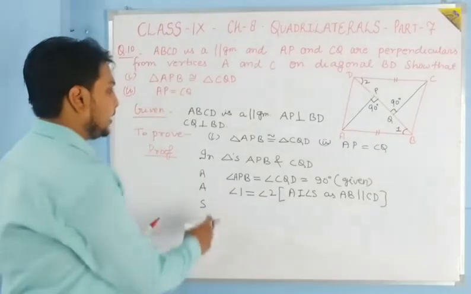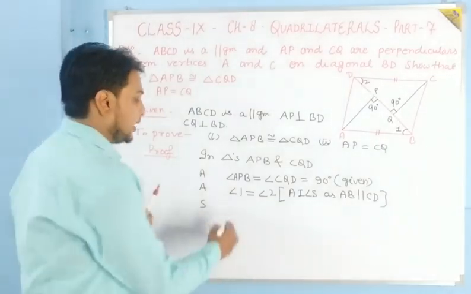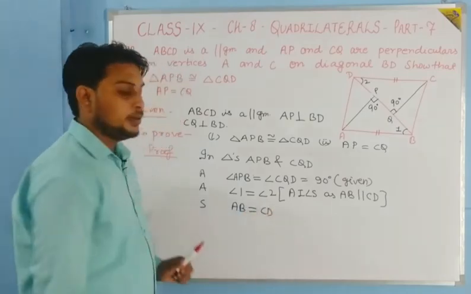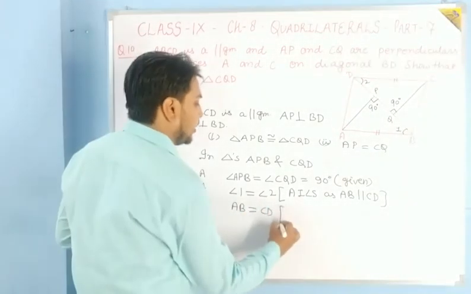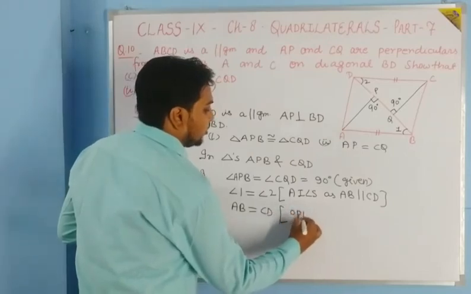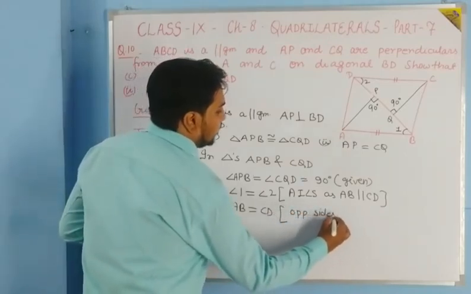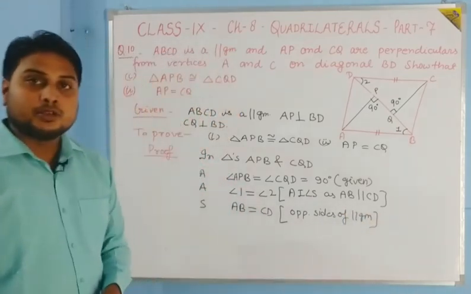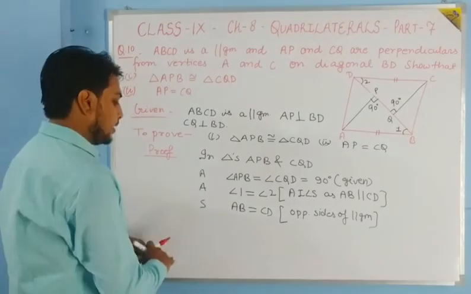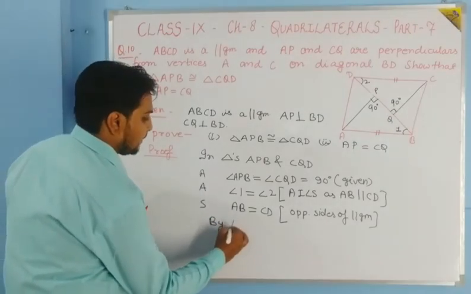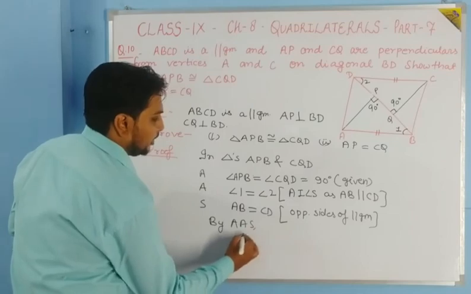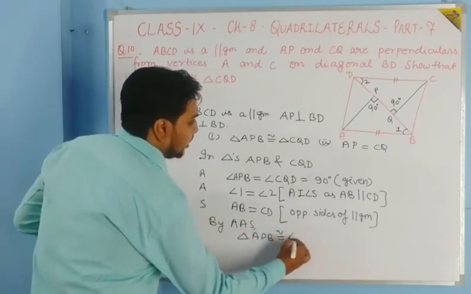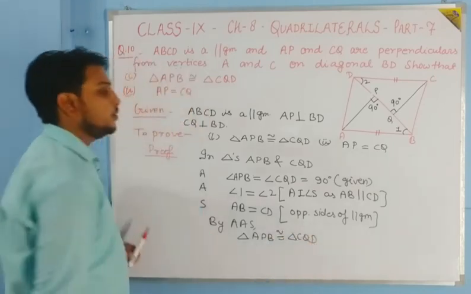Then we will show that the side AB is equal to the side CD, and here we will write opposite sides of a parallelogram. So by angle side, we can show that triangle APB is congruent to triangle CQD.